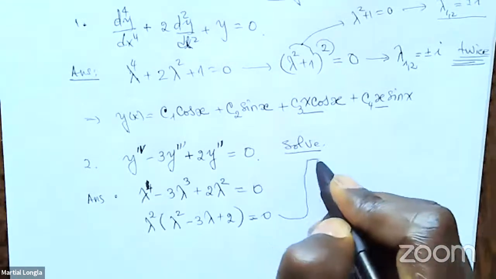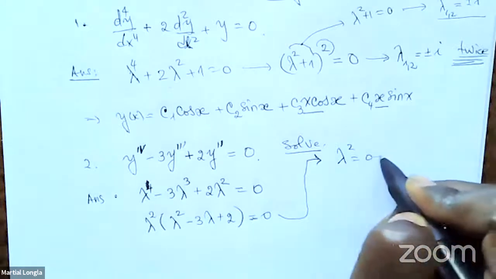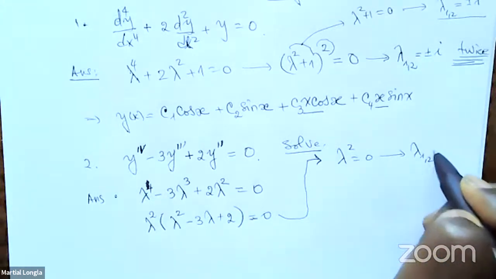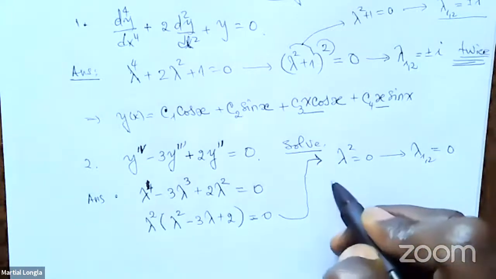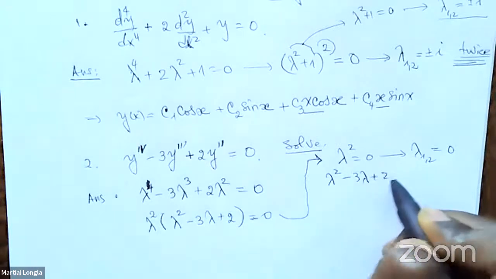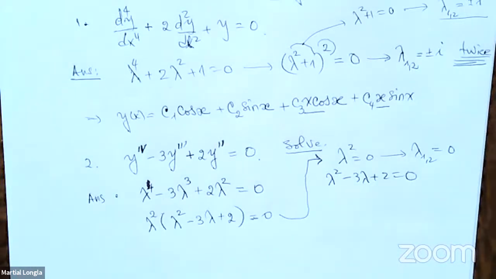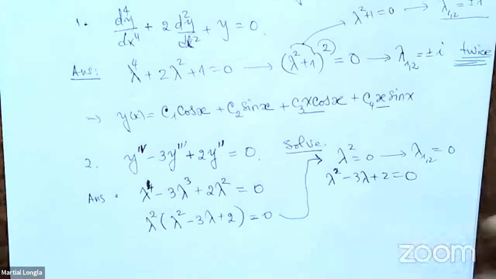Right there you can clearly see that you get lambda squared equals 0, which gives you lambda 1, 2 equals 0. You got two answers, 0. And then the other one gives you lambda squared minus 3 lambda plus 2 equals 0.